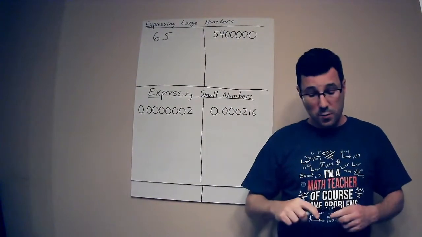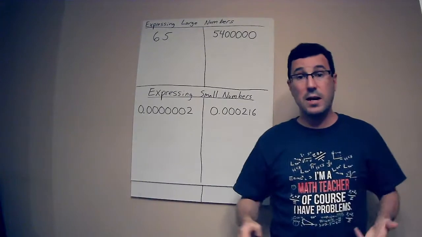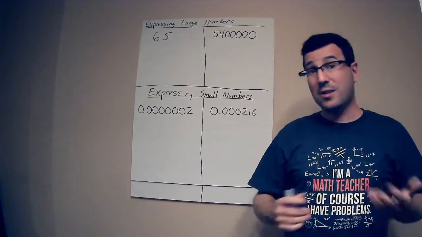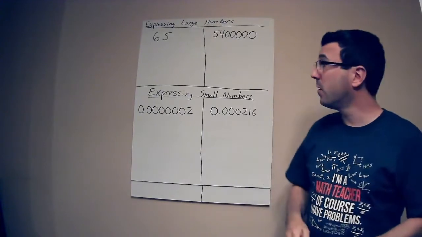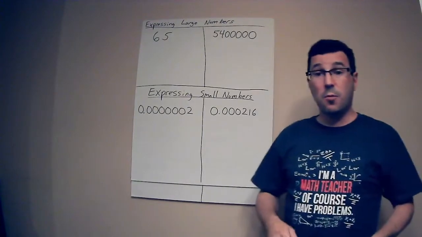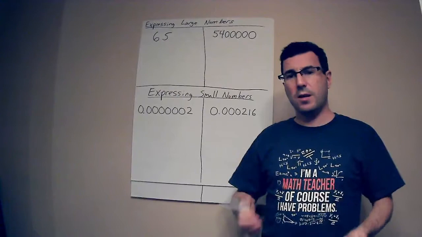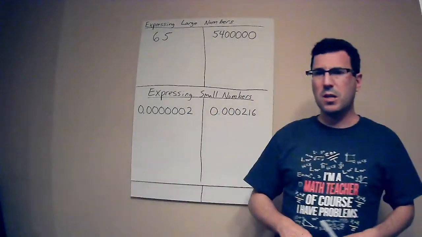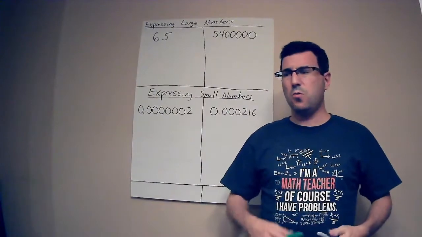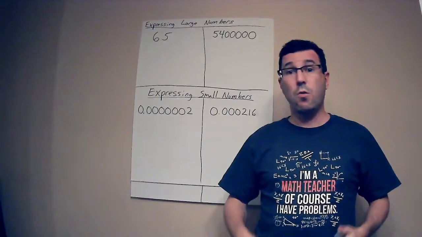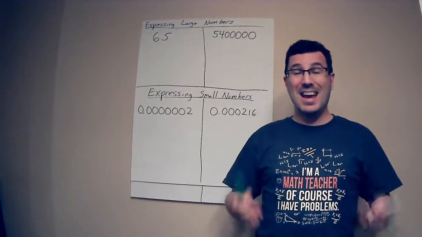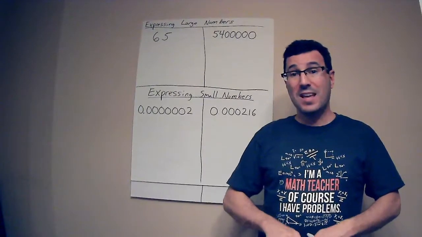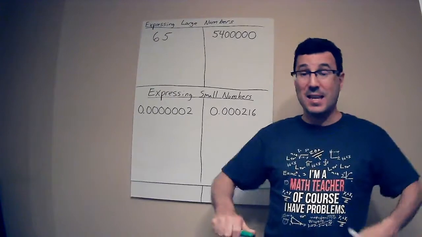So converting numbers to scientific notation from what we call standard notation is actually not that difficult. When we are looking at a number, we always have to basically ask, where is the decimal? In the case of our larger numbers, most of the time there's no decimal to be seen. What we have to realize is that any number we see, especially what's considered a whole number, has a decimal at the end.